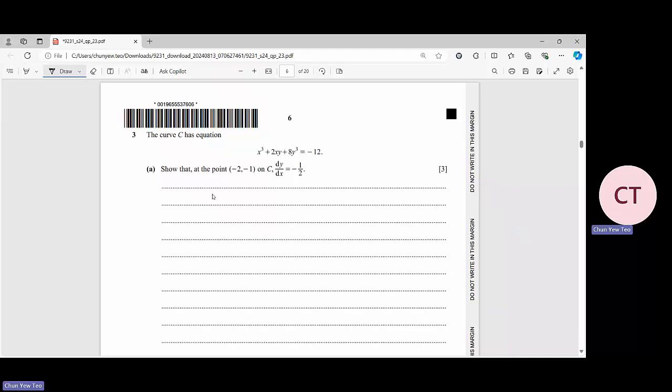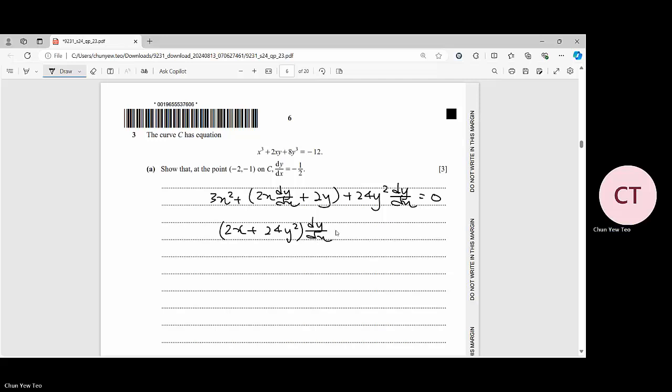Just differentiate directly. 3x squared plus this one, keep the left, differentiate the right, plus keep the right, differentiate the left. This one is 24y squared dy/dx equals 0. We join the dy/dx together first. Then plus the 3x squared plus the 2y equal to 0.